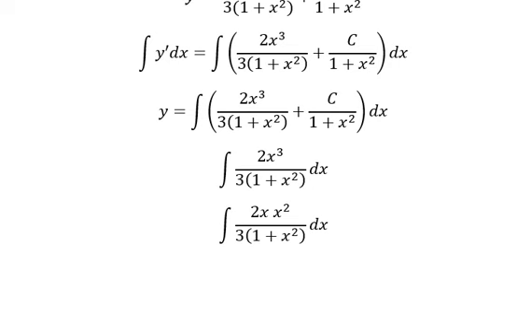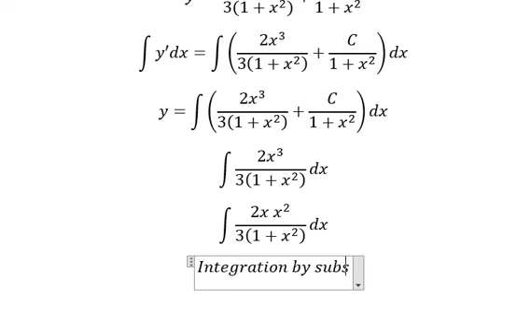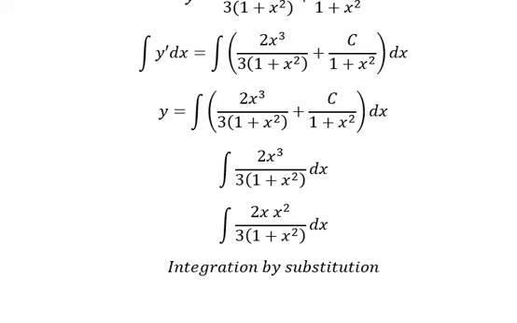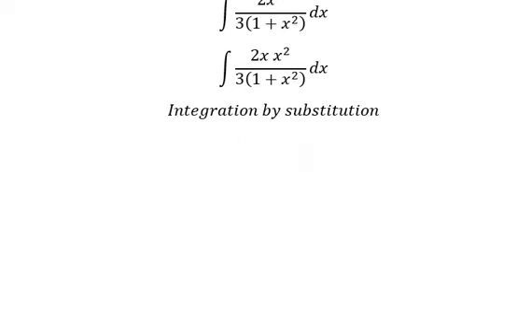So we need to use integration by substitution. So I will put u equals 1 plus s squared, because we have s squared in here. So I will put number 1 going to the left.